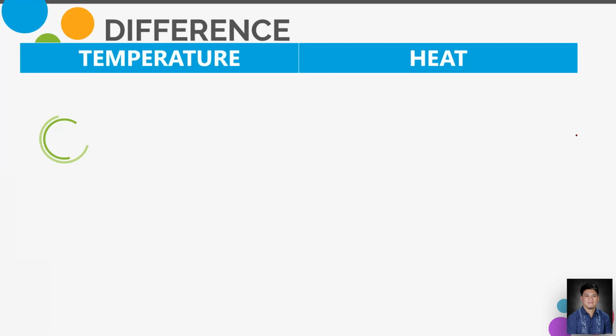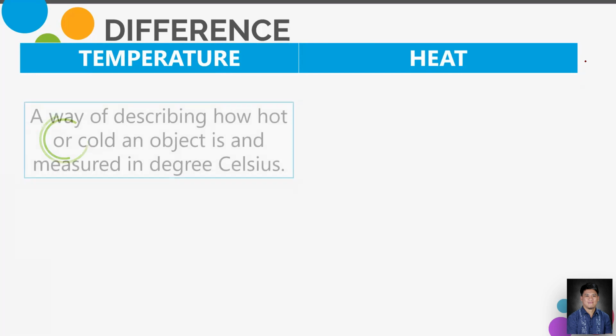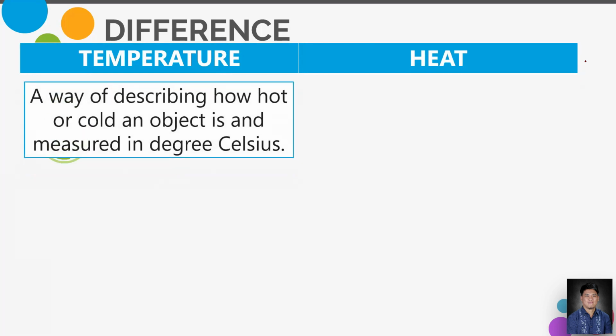So if we say temperature, it is a way of describing how hot or cold an object is. And commonly, it is measured in degree Celsius.